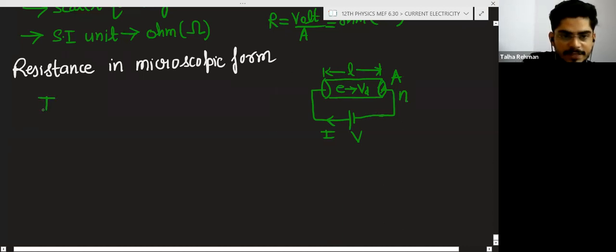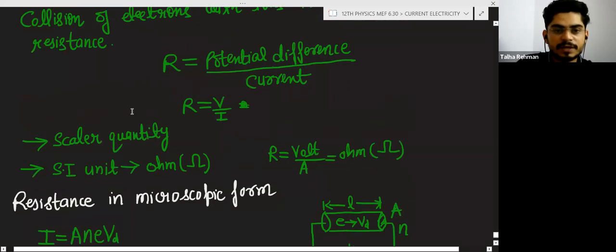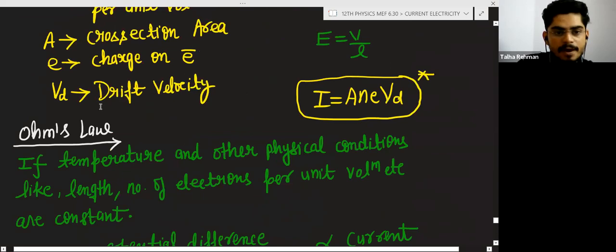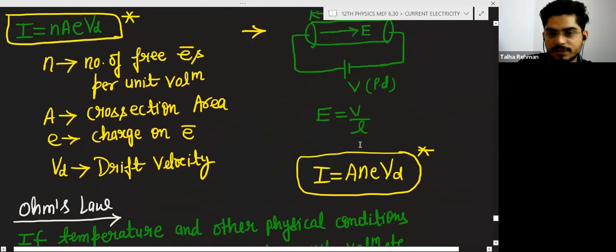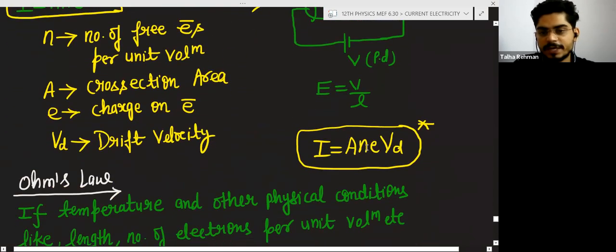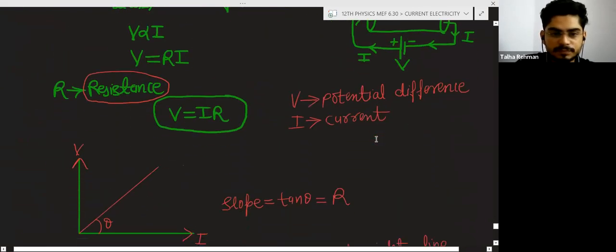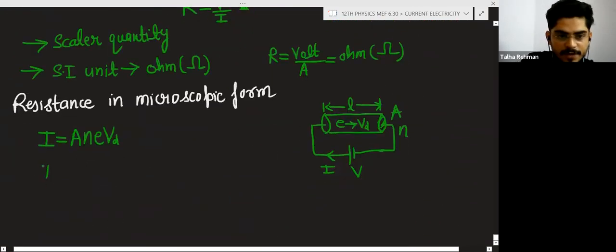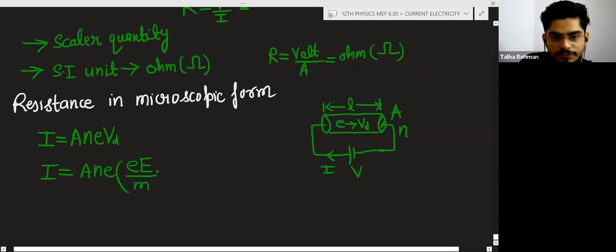So we know that I is equal to A n e Vd. This is the relation between the current and the drift velocity. From here, the formula of drift velocity is charge on electron into electric field divided by mass of electron.